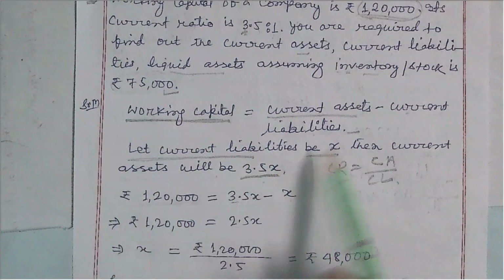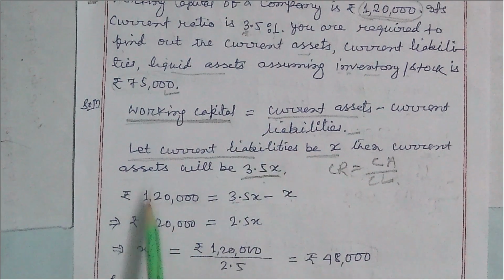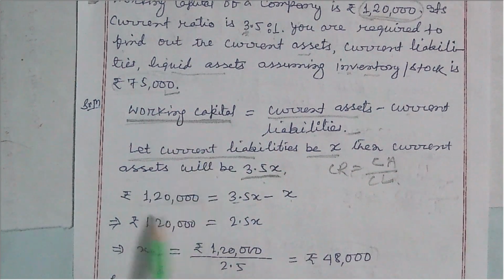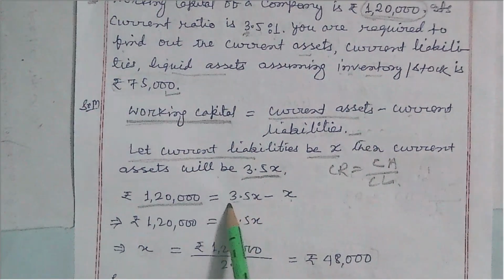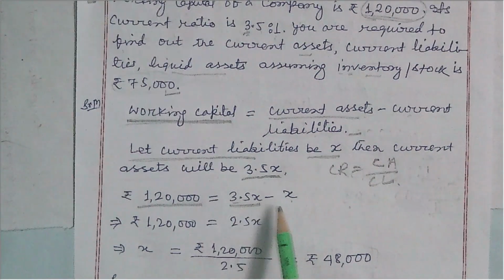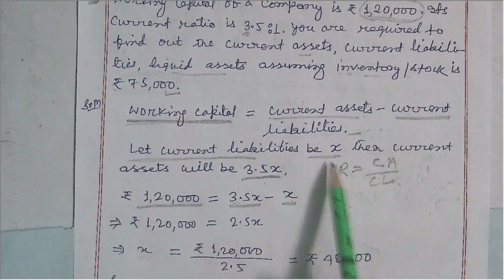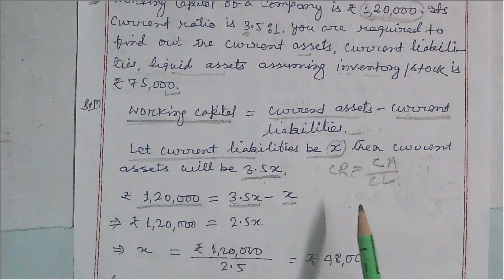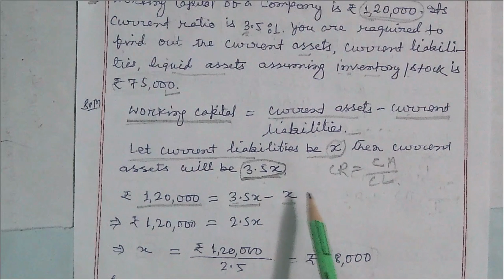Then putting the values in this formula, the working capital is given as 1,20,000, and current assets we assume 3.5x minus x for current liabilities. This is x, current liabilities, and this is 3.5x, current assets.